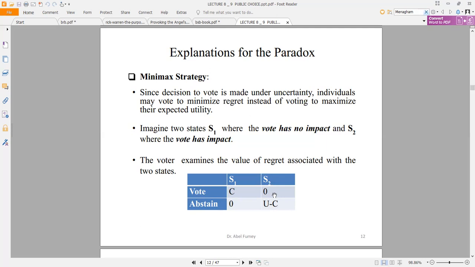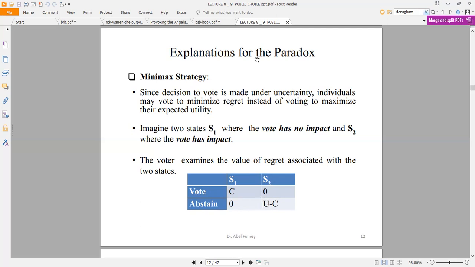So in the state where your vote will actually make an impact, when you abstain from voting, the regret that you have is going to be your utility minus the cost of voting.